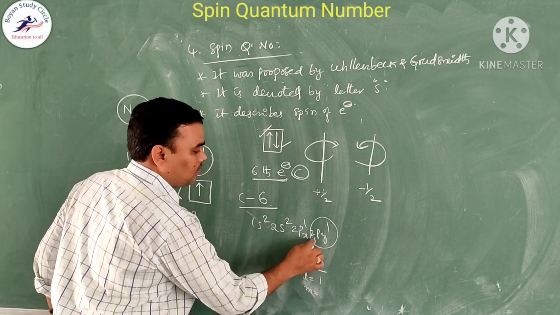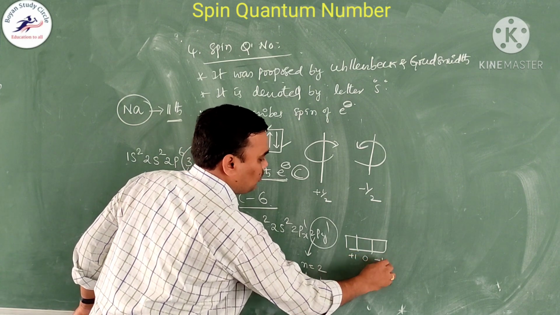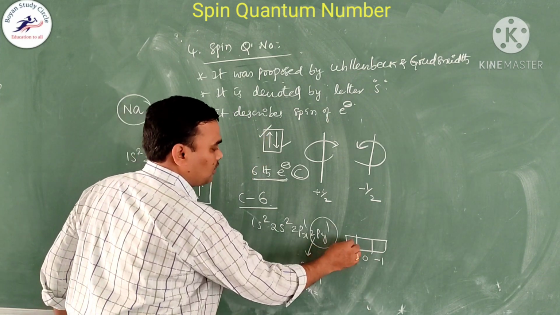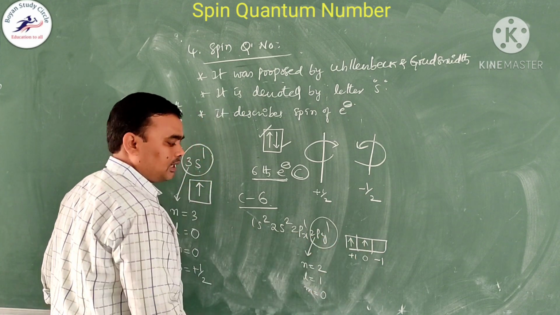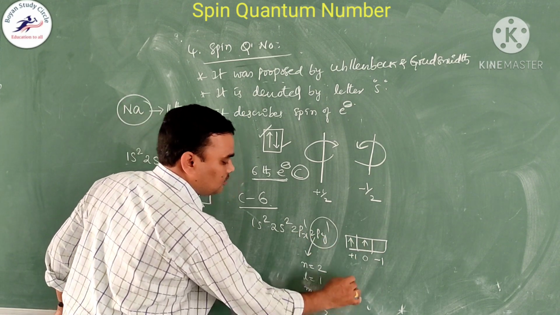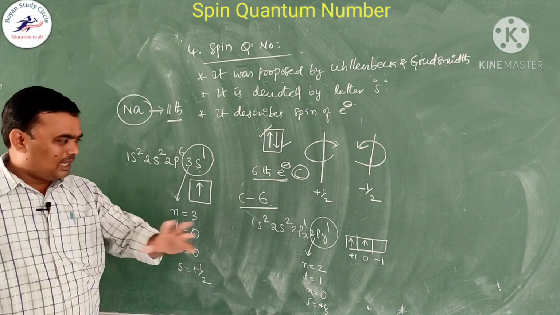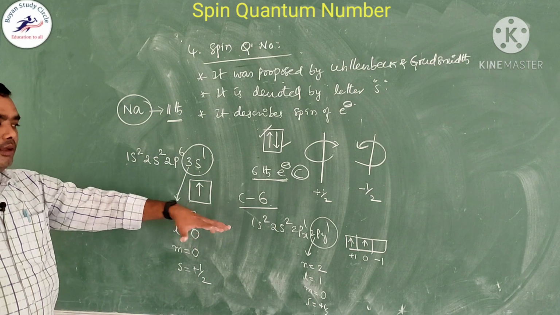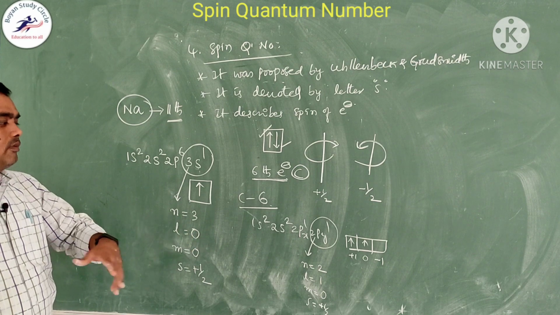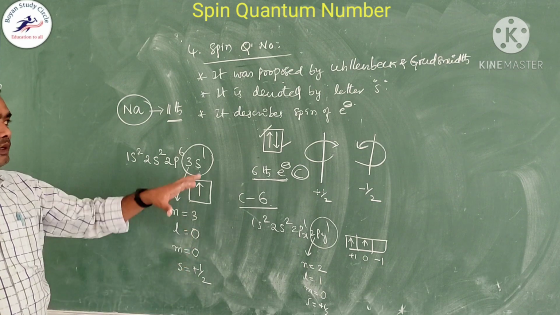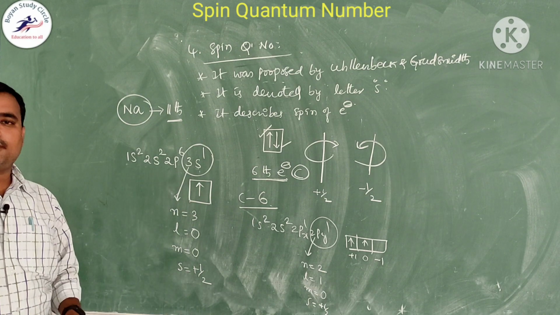And for the m value, there are 3 orbitals, as you know: plus 1, 0, minus 1. For example, this electron is in Py, so m is 0. And s is plus half. In this way you can give the quantum numbers for any electron of any element. So quantum numbers give the complete address of the electron in the atom.